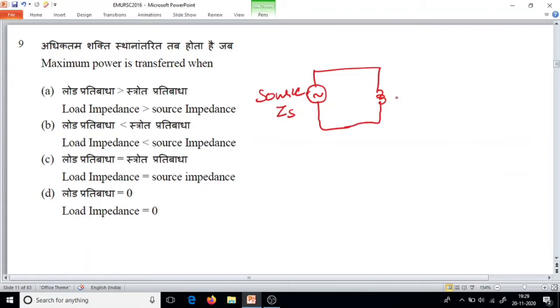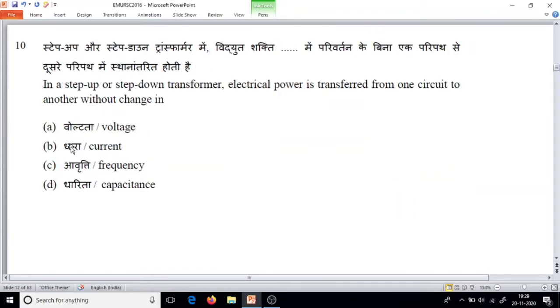ZS is the source impedance, ZL is the load impedance. Whenever ZS equals ZL, at this condition maximum power transfer occurs. That is, whenever load impedance equals source impedance, maximum power is transferred.